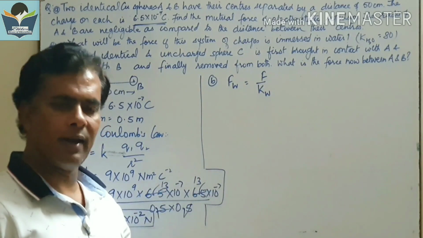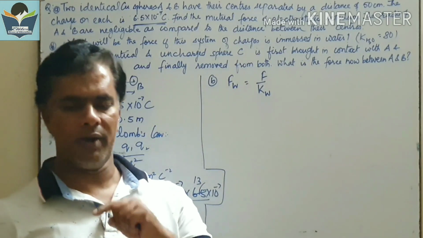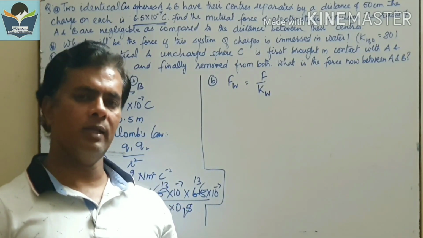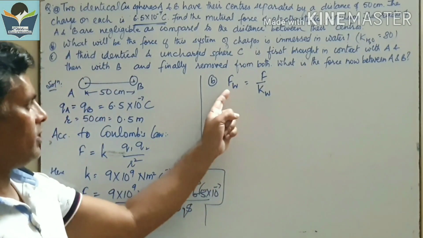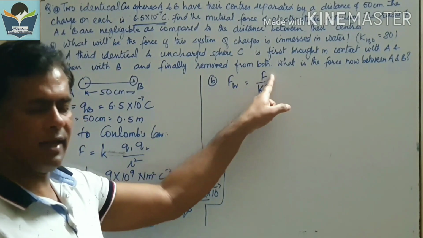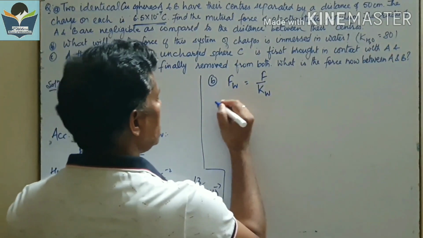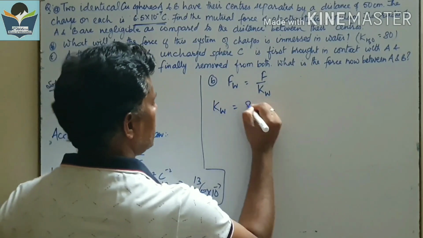Recall the definition of dielectric constant: the ratio of the force between the two charges in air to the force between them in the given medium. So the force in the given medium is equal to the force in air upon the dielectric constant. The value of the dielectric constant is given in the question, that is 80.